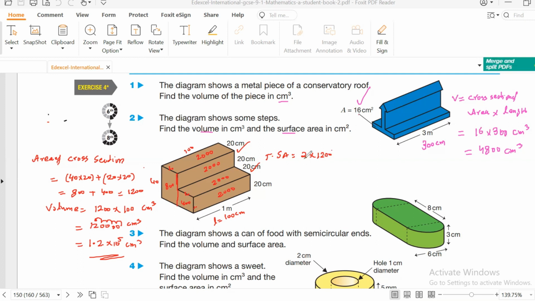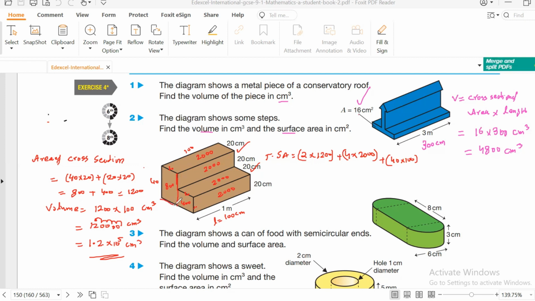Multiply 1200, and then you can add these 2000, 2000, 2000, 2000, 4 times, means 4 into 2000. But this is not the end because the back side is also 40 into 100. What is left?